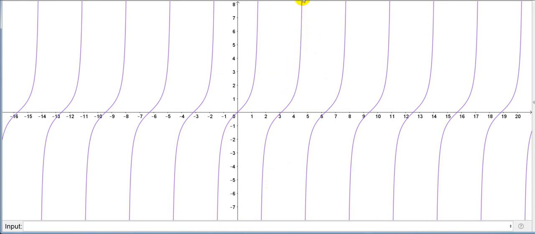It is an unbounded function in the standard interval minus pi by 2 to pi by 2, and all these trigonometric functions are periodic.